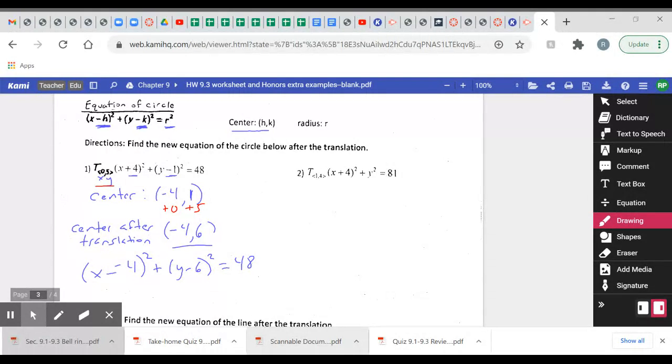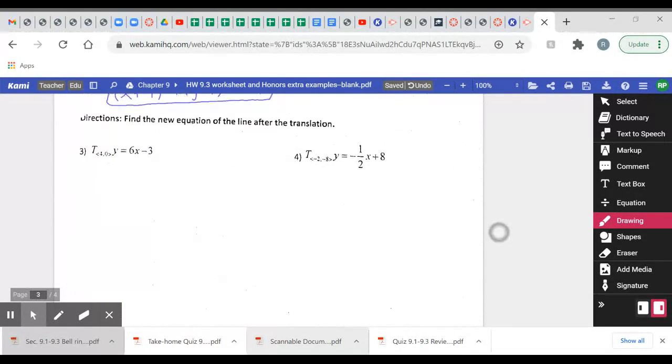The only thing I would do from here is just clean up this negative. I mean, you can just make both of those a positive if you want to. I'm just going to rewrite it so people can see what happened. Okay, and that would be my equation of my circle. Okay, so I would like you to try number 2 on your own. Follow the same process. It should be pretty similar.